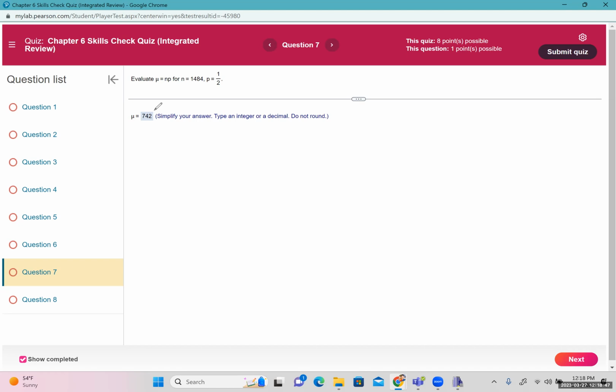And again, we just practice with simplifying stuff. So the mean will be equal to n times p. And we know n is 1484 multiplied by 1/2. This is actually the same as mean equal to 1484 divided by 2. If we do it by hand, you can have 740.